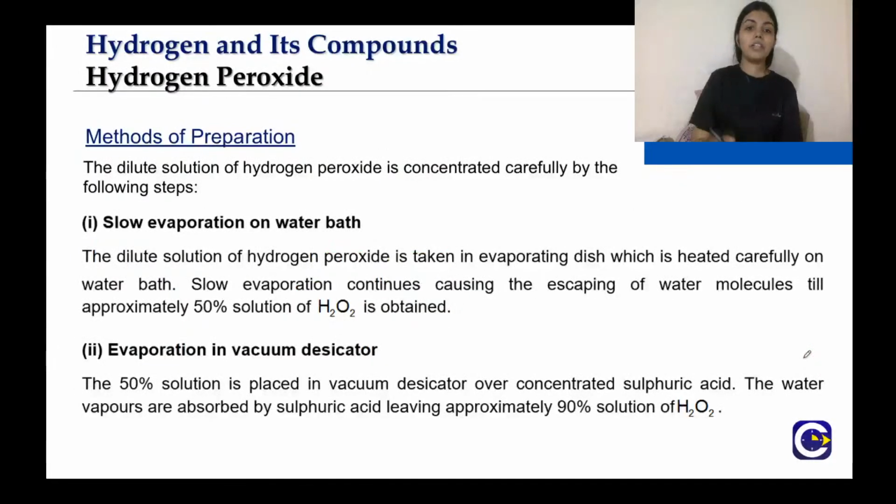Now, next is, let us say that we have a dilute solution of hydrogen peroxide, right? And we want to make it concentrated.